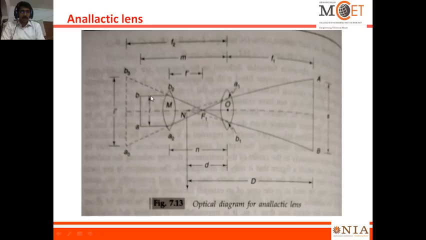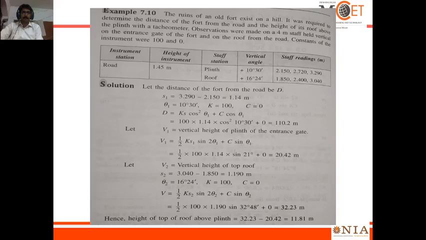And F2 minus N again gives the focal length when the anallactic lens is not provided. These are the terms you have to remember. Next, consider this problem.